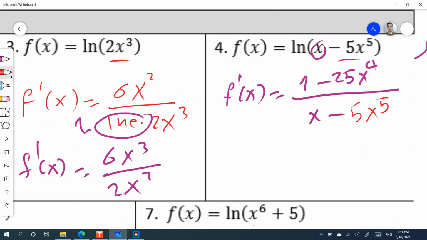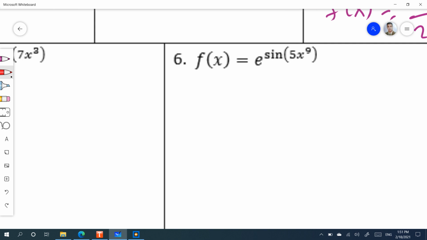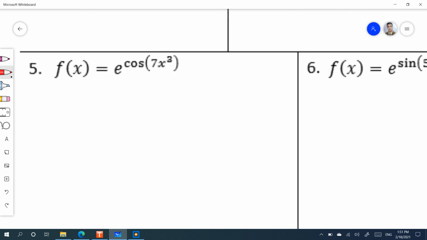We get another function. Okay, it will be the same. This is the exponential function, therefore its derivative f of x equals the exponential function, the same, e to the power cosine 7x to power 3, times ln e equals 1.